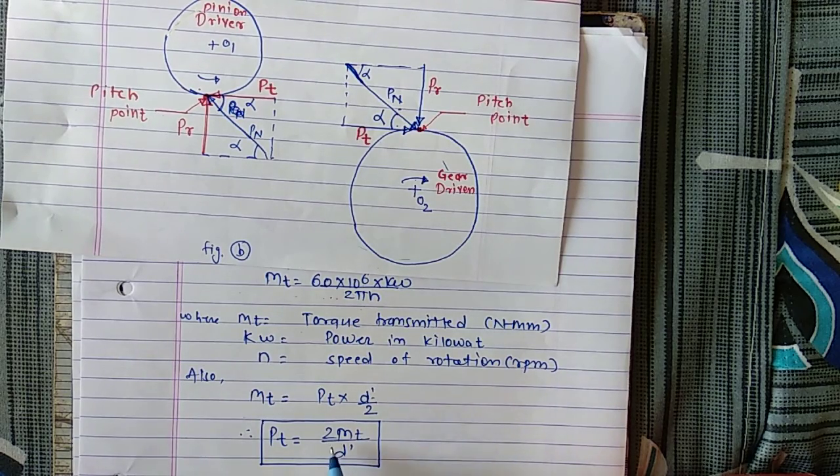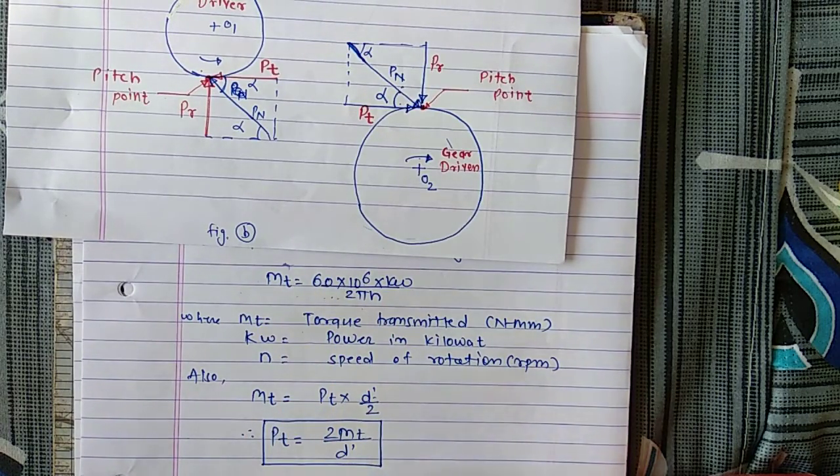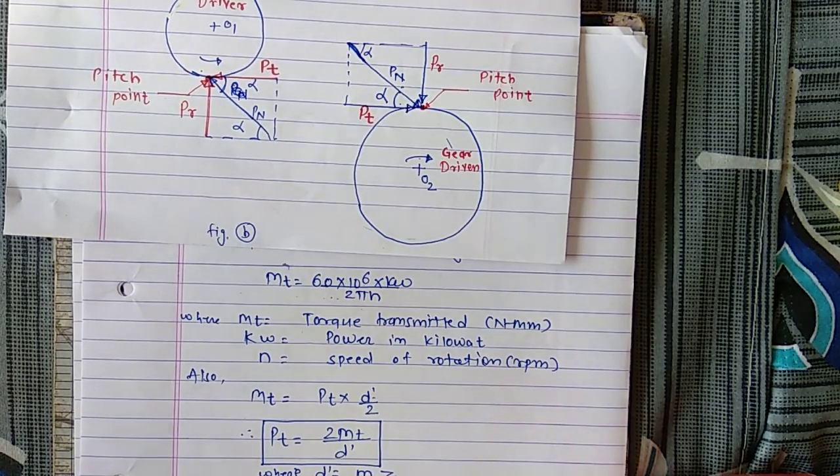Mt is the torque, which we can calculate using the earlier equation, and d dash we can calculate too. d dash is the pitch circle diameter, the product of module and number of teeth. For the pinion, d dash P is equal to M into ZP, the number of teeth on the pinion. For the gear, d dash G is equal to M into ZG. So by using this equation, I can find the value of PT.